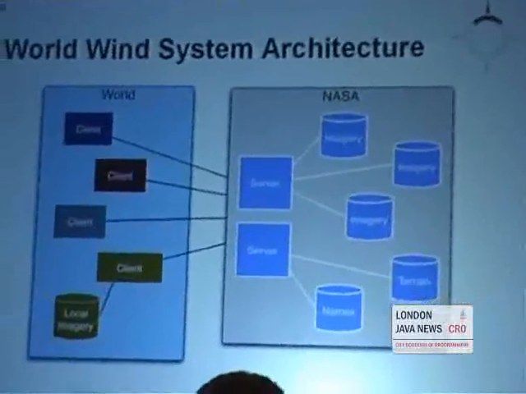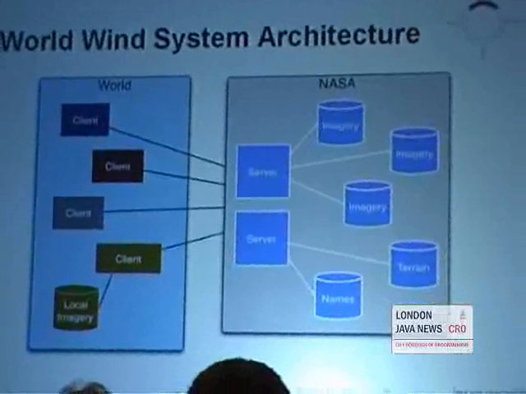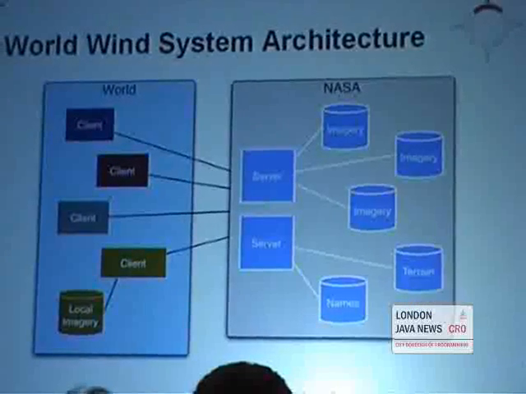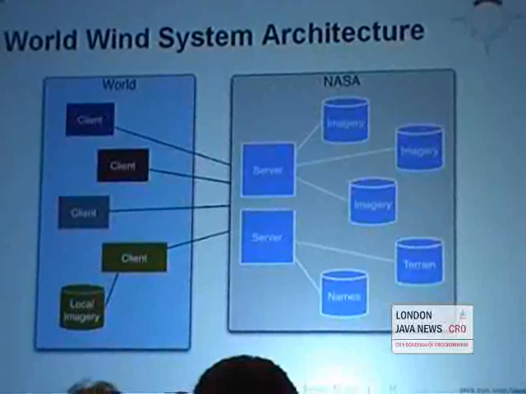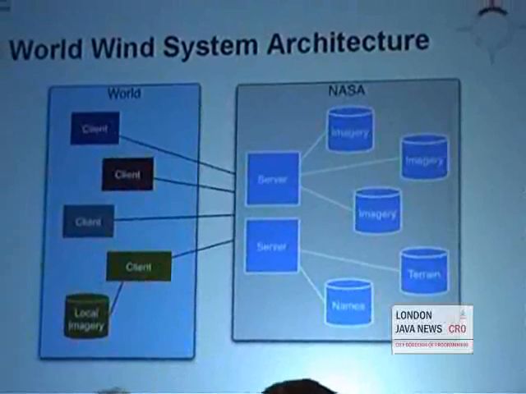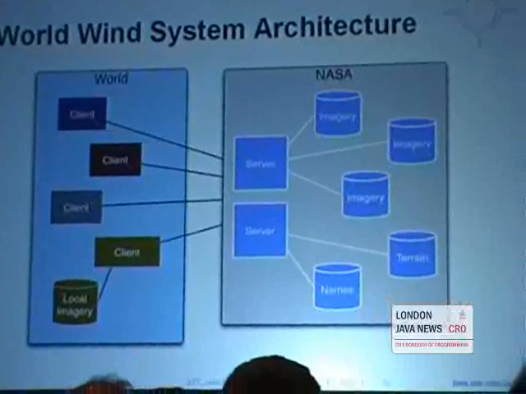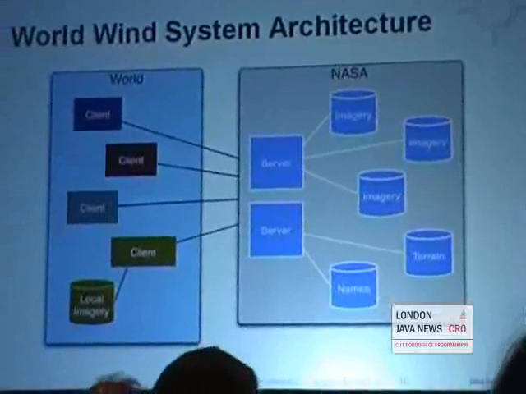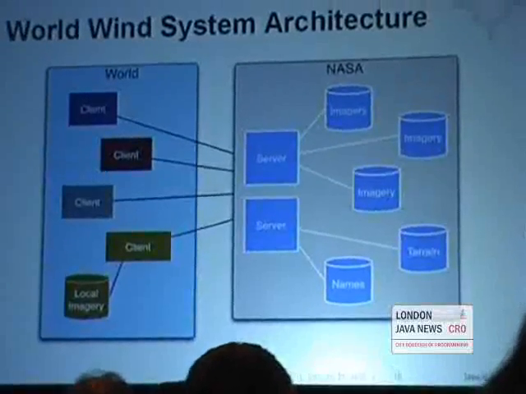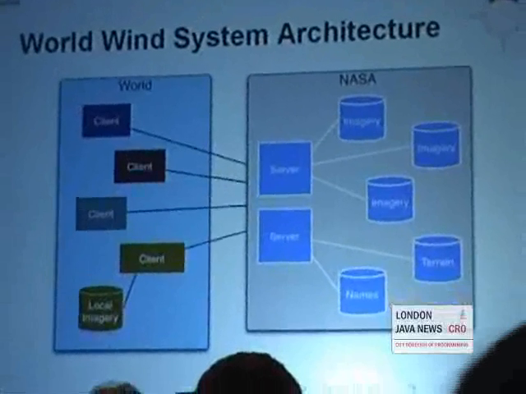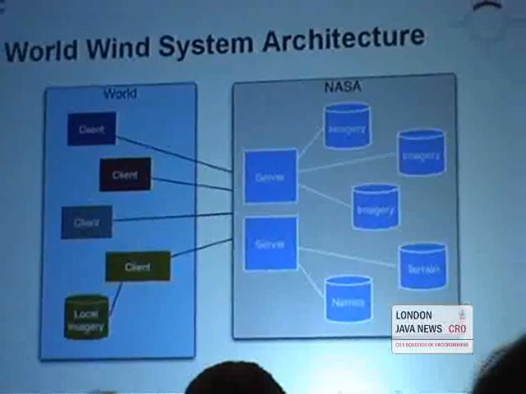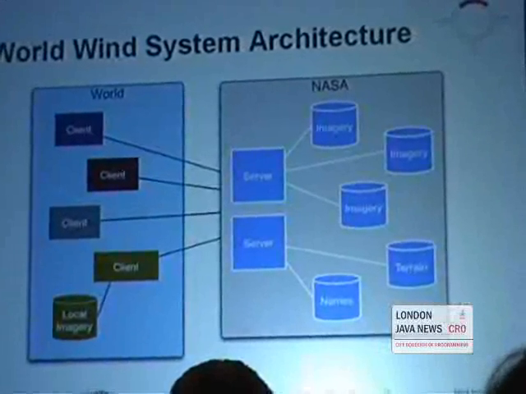So there's a whole notion of these data farms. And none of this would work. World Wind wouldn't work, Virtual Earth wouldn't work, Google Earth wouldn't work without these huge infrastructures behind them. And we don't really see them. We kind of take them for granted. But believe me, they're there. They take a lot of work, a lot of thought, a lot of maintenance, especially when you release something and suddenly the world hits you.